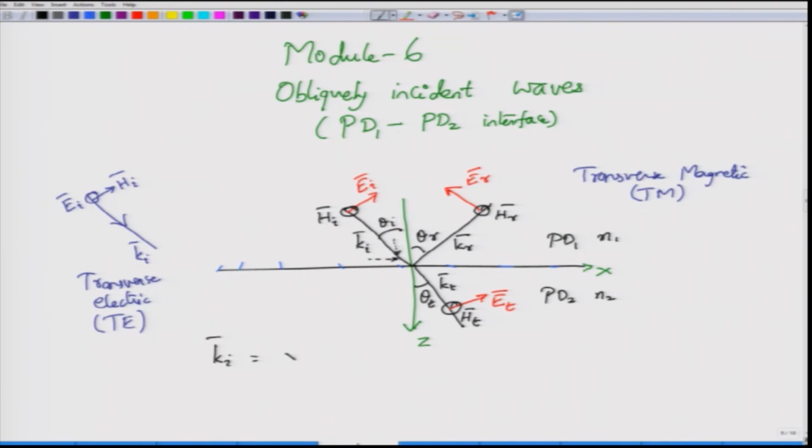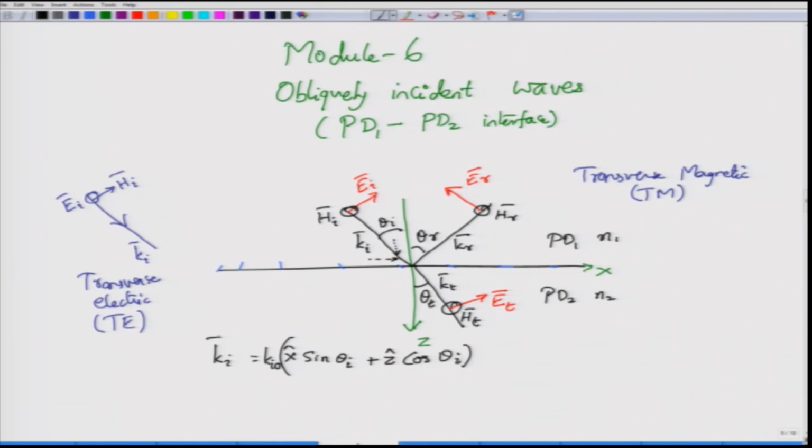So, let us say I have k_I0, where k_I0 corresponds to the magnitude of the incident wave vector. So, it is k_I0 times x hat, and what is the component along the x axis? It is the sin theta_I component, correct. So, you can break this up as x hat sin theta_I plus z hat cos theta_I.